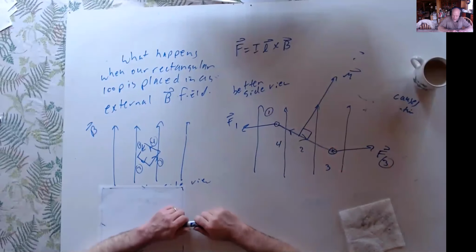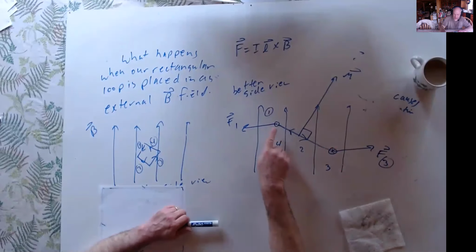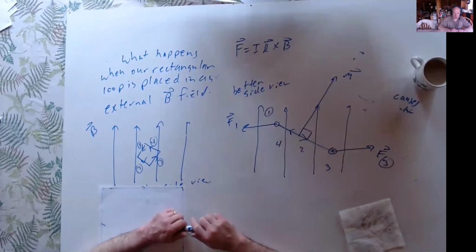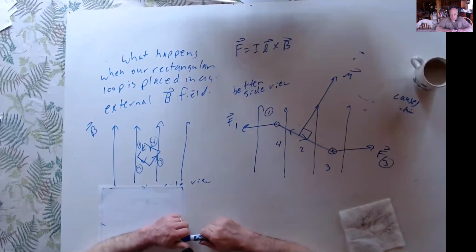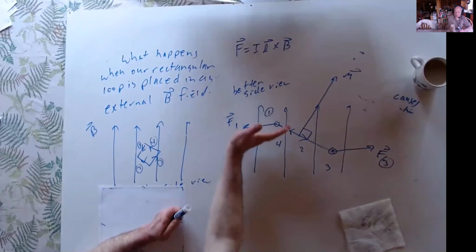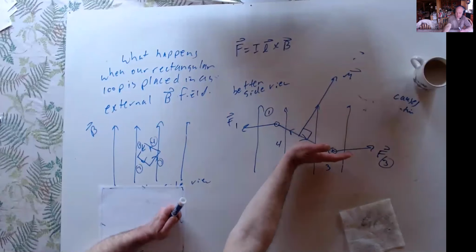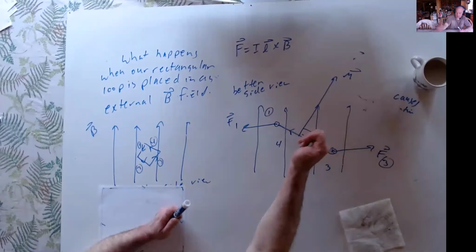Now, what's happening on side 2? Again, side 2 is the current that's going like that. What's the direction for that? In, up, down, right, left? I'm hearing out, and that's correct. On side 2, if you do L, because that's the direction of I, crossed into B, your thumb's coming out.